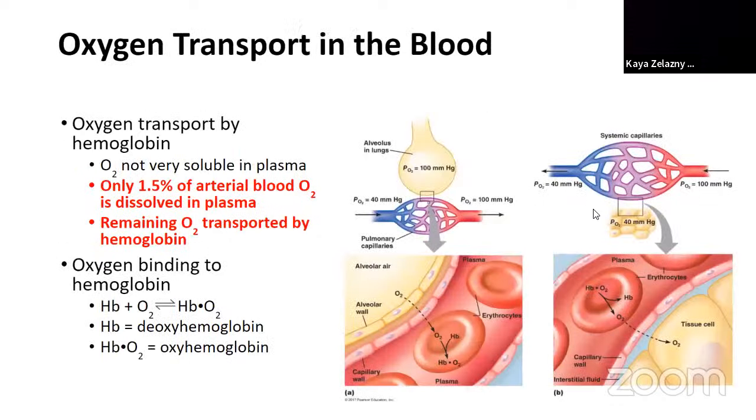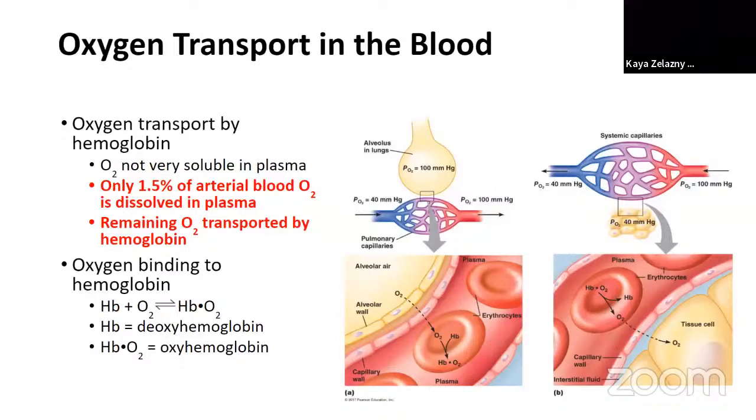So hopefully it's not a surprise that when we think about oxygen, we are immediately associating that in our minds with hemoglobin. We looked at hemoglobin. We know it's in our erythrocytes, in our red blood cells, and it's really important for oxygen transport, although it does have a little effect on carbon dioxide as well.